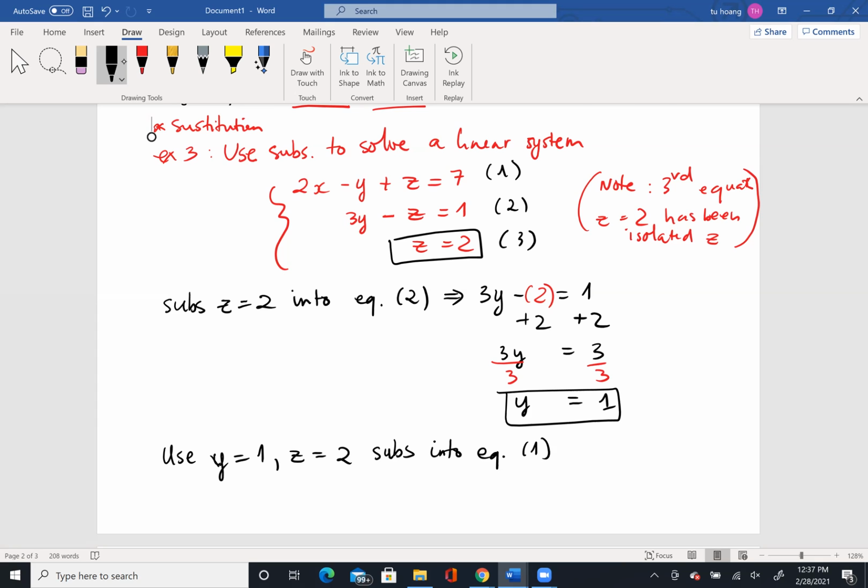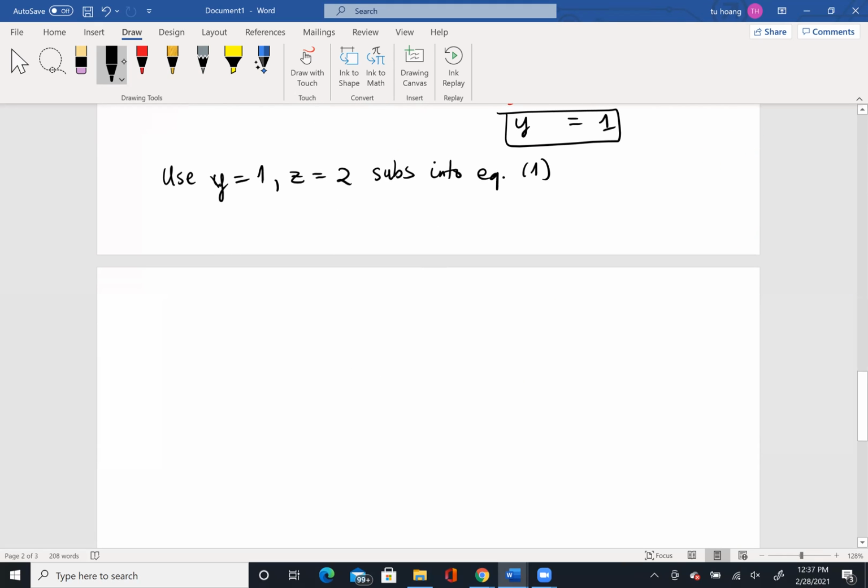And you will have 2 times x minus y. Okay, so y now is 1, and then plus z, which is 2, will be equal to 7.